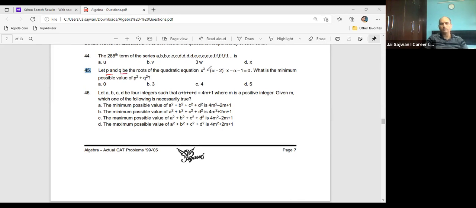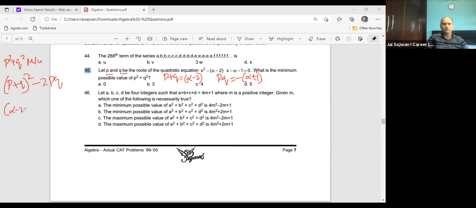P and Q are the roots of the quadratic equation. The sum of the roots is minus B by A, which is alpha minus 2. And the product of the roots is minus alpha minus 1, that is minus of alpha plus 1. What is the minimum value of P square plus Q square? Iski minimum value chahiye. Can I say P square plus Q square is P plus Q whole square minus twice of PQ?